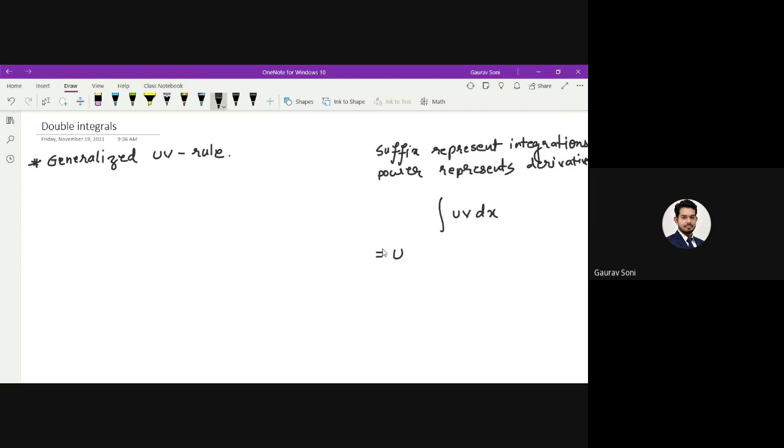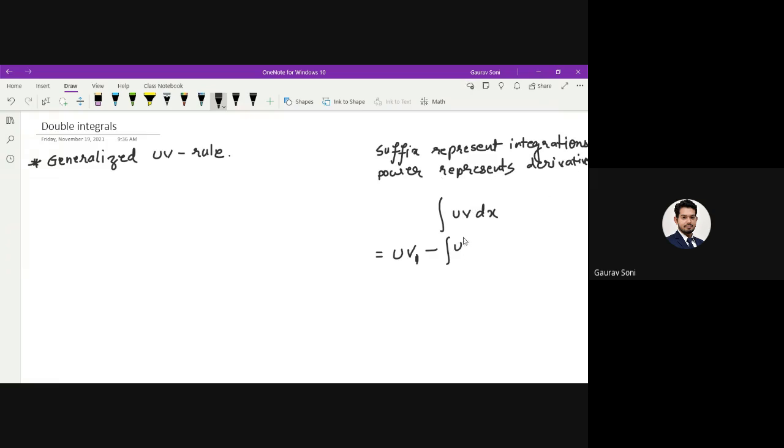Remember this. So u integration of v, v1 I write here as the integration of v, minus integration of the derivative of u. The power represents the derivative.